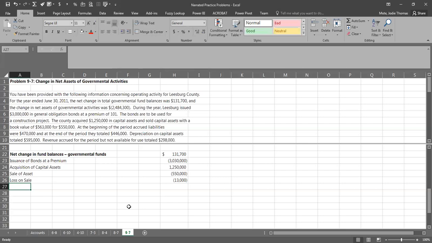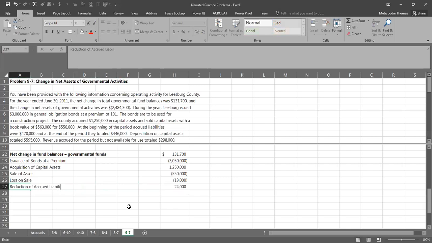So we had 470 at the beginning of the period and 446 at the end of the period. So that's a decrease in period accrued liabilities. And since the governmental funds really don't deal with accrued liabilities, you have to recognize that change in order to convert this to the governmental activities balance.